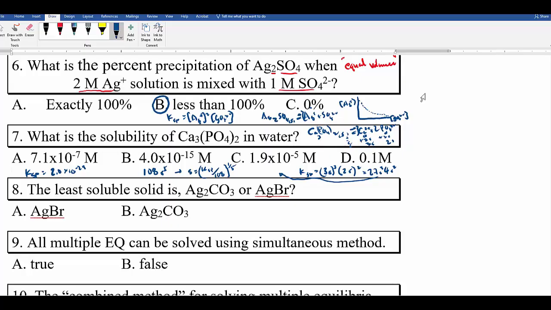That gives 7.13 times 10 to the minus 7 molar. Okay, so that would be 8 here.